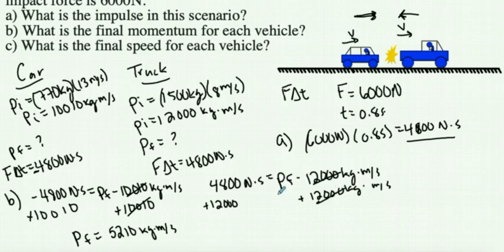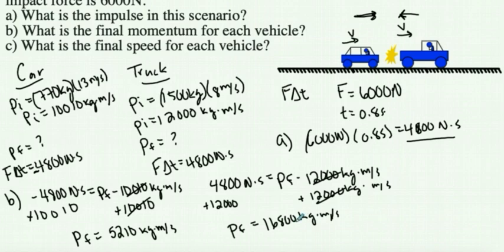That'll take care of that. So we'll have 12,000 plus 4,800, which gives us a final momentum of the truck of 16,800 kilograms times meters per second. So that makes sense because the car is pushing on the truck. That would increase its momentum, which would increase its speed.